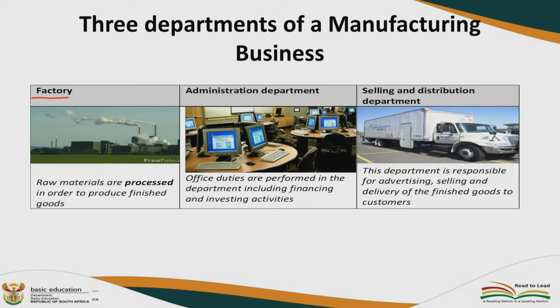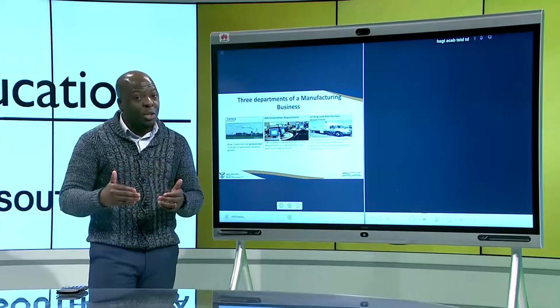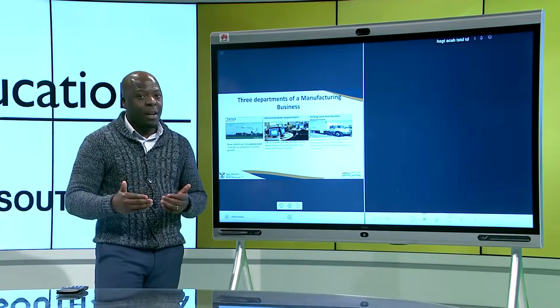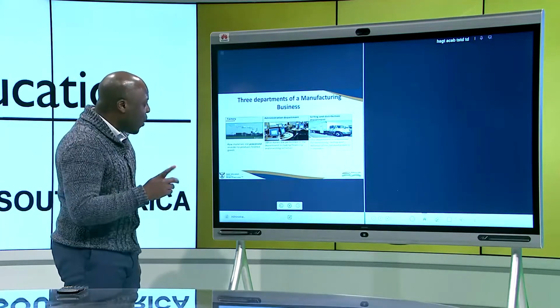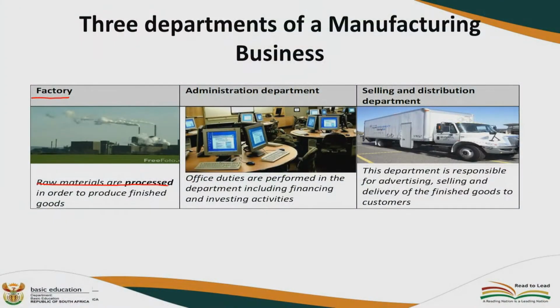Now, in this factory, this is where we make the dress, or we manufacture the dress, we produce the dress. How is that done? This is done by converting or processing raw materials. All right? So in the factory, we process or we manufacture products by the conversion of raw materials.